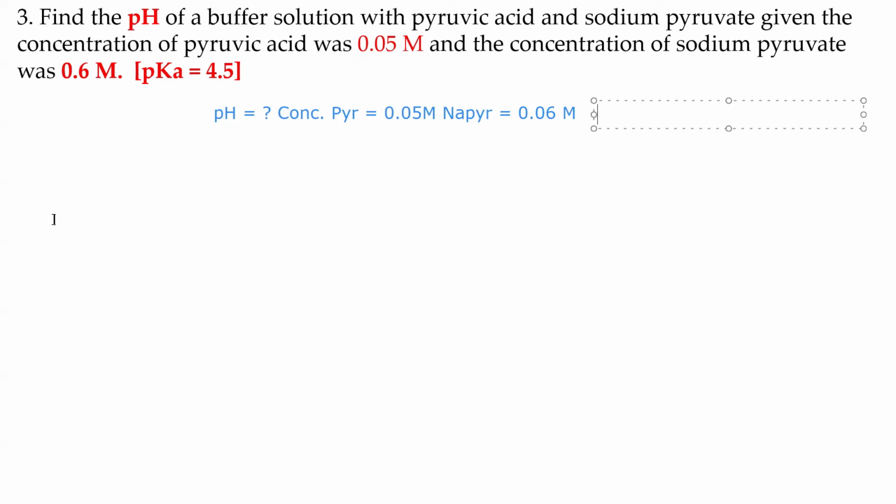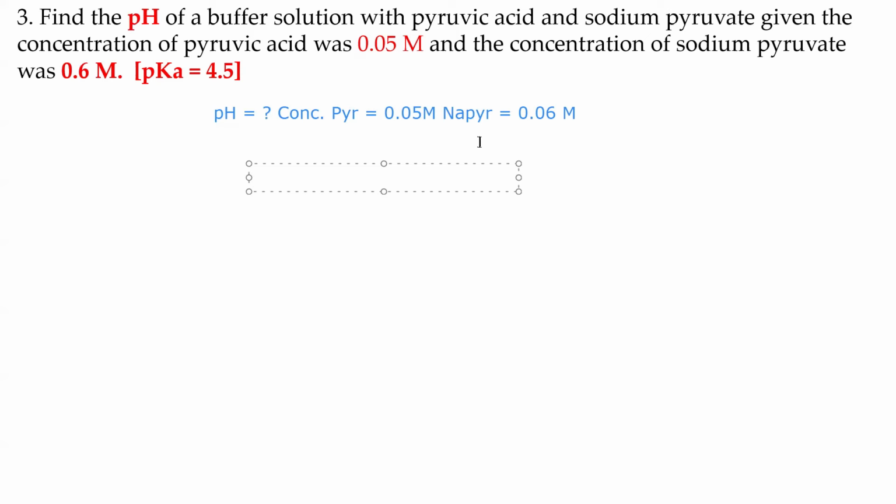So from here we can check the equation and then calculate our pH. How do we get the equation? It is simple. We use the Henderson-Hasselbalch equation, because we have the pKa, the concentration of our acid, and the concentration of our conjugate base.